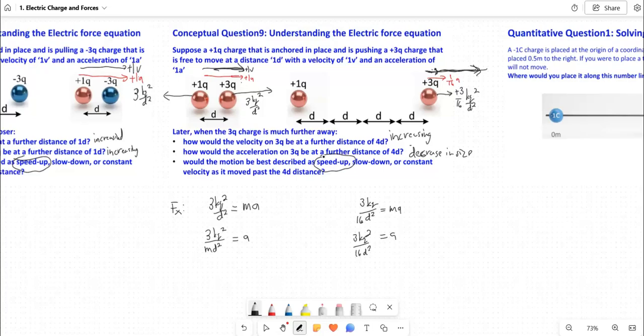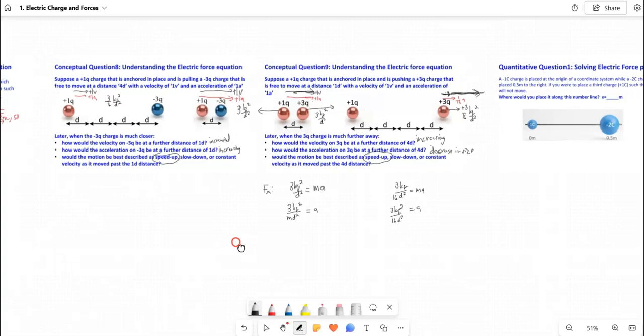It's really weird. But just to summarize this, if I said you had two charged objects and you let them go, and all I said is during their entire motion, they were speeding up, okay? And let's say they were a distance apart and you let them go. During their entire motion, they were speeding up. Well, if I said, are they opposite in charge or the same in charge?